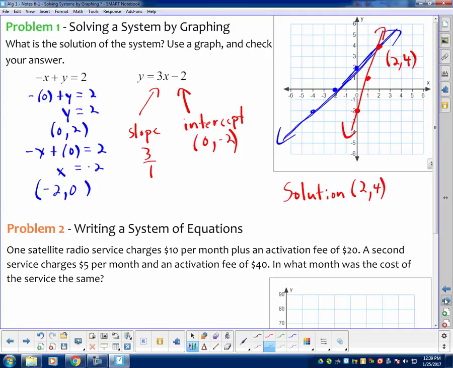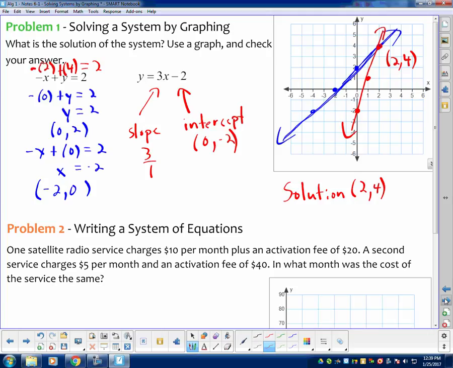Here's what we can do to check this. If I've done this correctly, I should be able to plug in negative 2 for x. I need you to be paying careful attention here. I want you to see how I can check my solution. If I plug negative 2 for x in and 4 for y, it should equal 2.